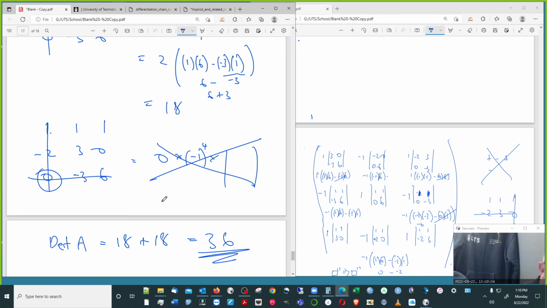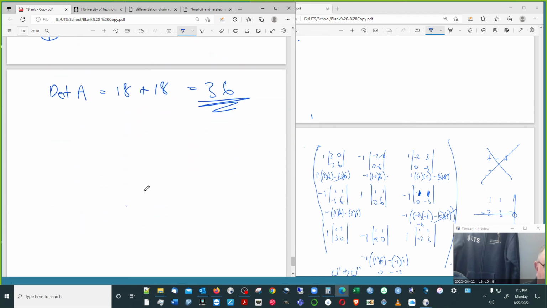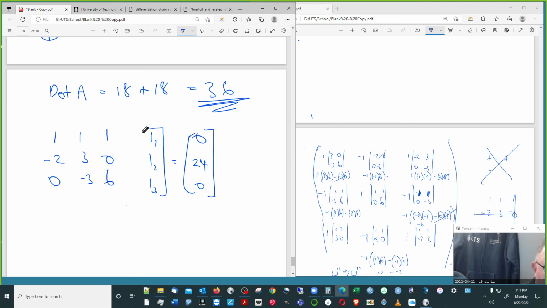Alright, now for Cramer's rule, it's a pretty easy thing to do. Okay? So generally for Cramer's rule, you've got your setup of your augmented matrix, and then you've got your constants, and all this one does is just substitutes.